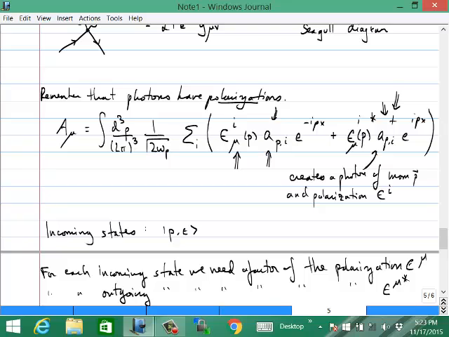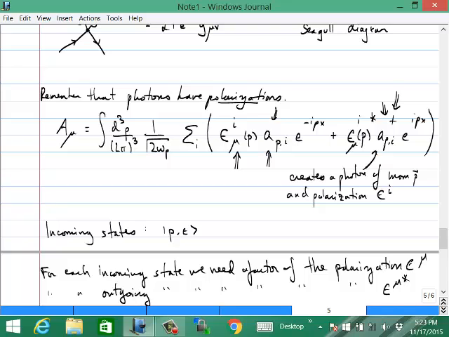So the reason why you get an epsilon for initial states as opposed to an epsilon star for final states is really time reversal symmetry, if you like. It's because of the fact that initial states are ket vectors and final states are bra vectors.